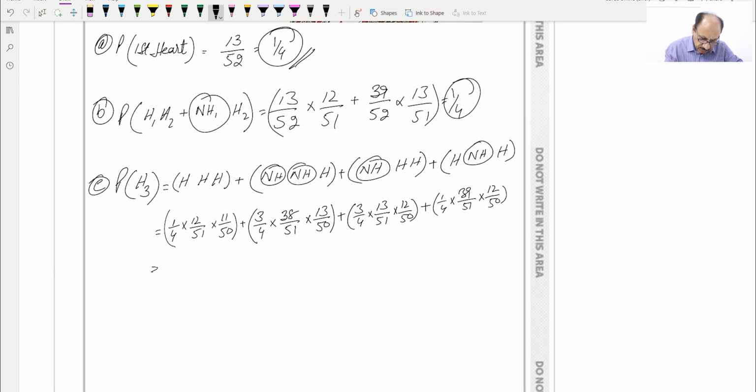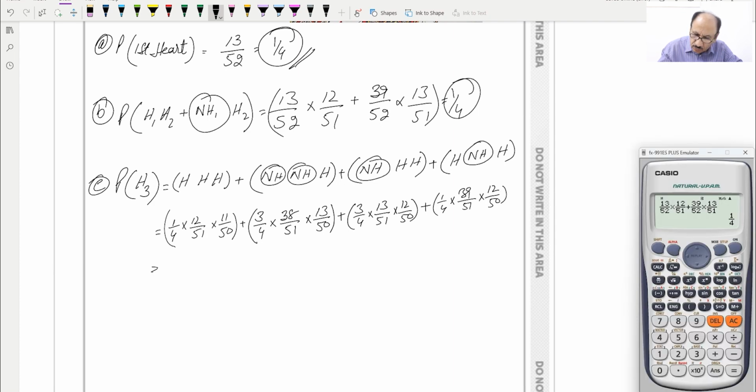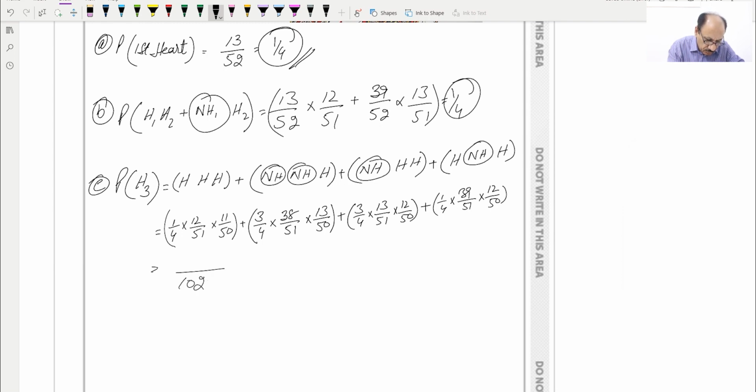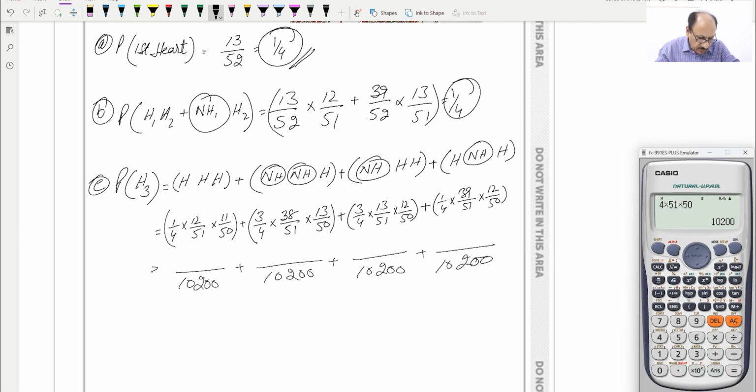Now we can calculate. Denominators are all same, so I'm separately multiplying denominators. 4 into 51 into 50 will be equal to 10200. So I will write here 10200, plus 10200, plus 10200, plus 10200, and then we will multiply the numerators separately. So 1 into 12 into 11 is equal to 132.